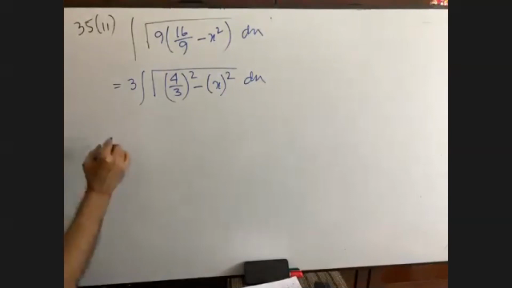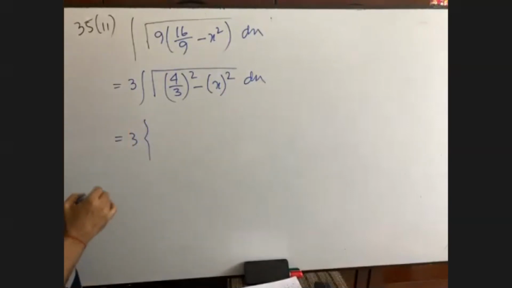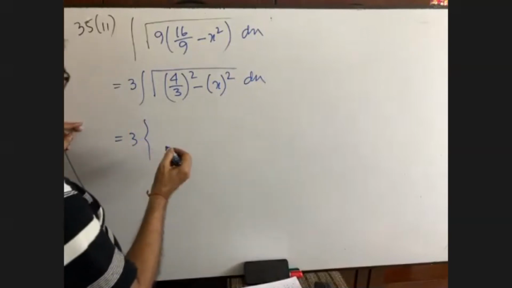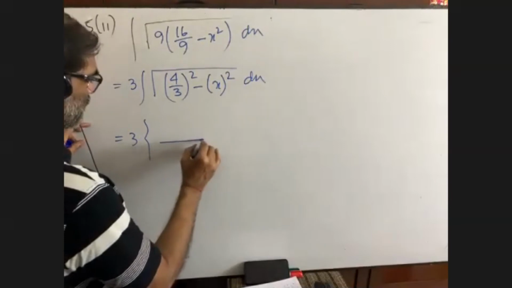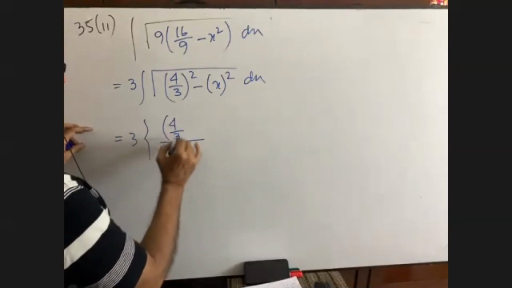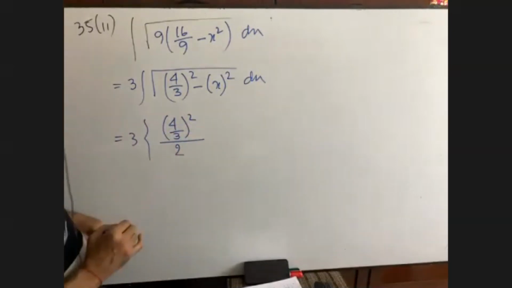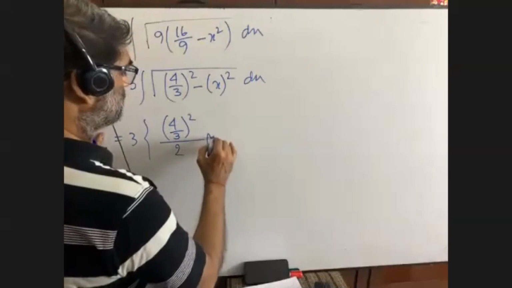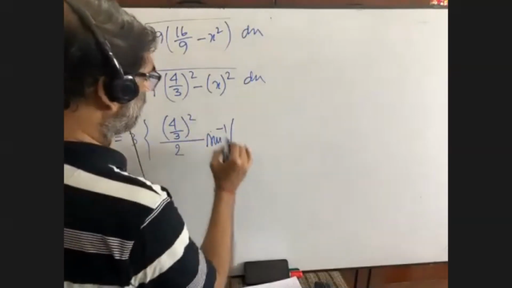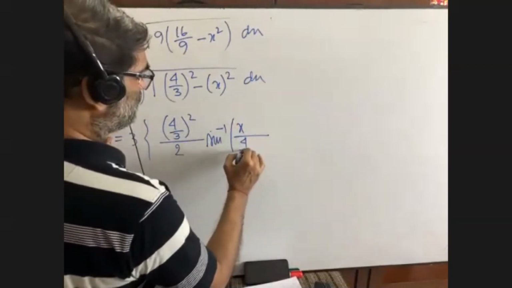Now this is the one. I mean, it is your time. Let me know what is the formula. A square by 2, right? You please see. This is A. A square by 2 sine inverse x by A. This is x. This is A, 4 by 3.